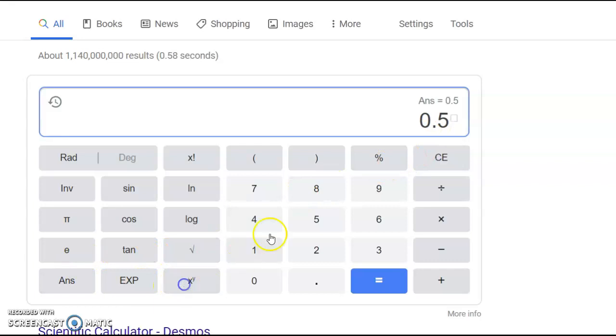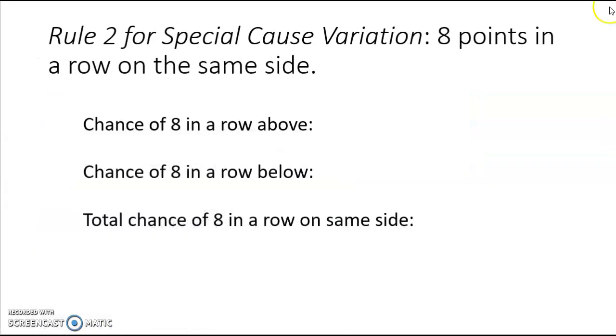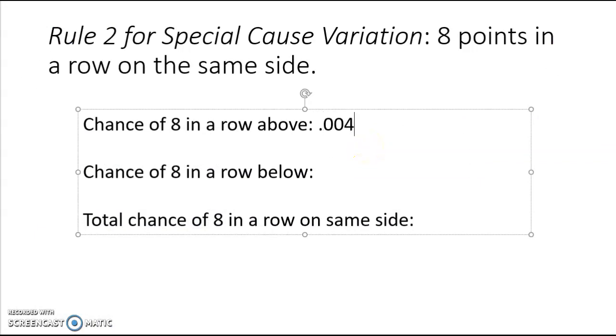What we're doing here is multiplying 1/2 times 1/2 times 1/2, 8 times, and that's going to give us 0.0039. Let's just round that up to 0.004. So the chance of 8 in a row above would be 0.004.